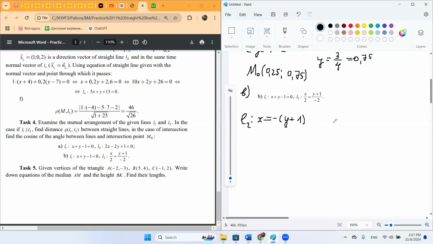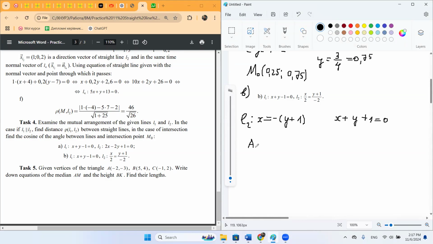And then it will be rewritten into the general form. So x + y + 1 = 0. And it's obvious that lines L1 and L2 are parallel.